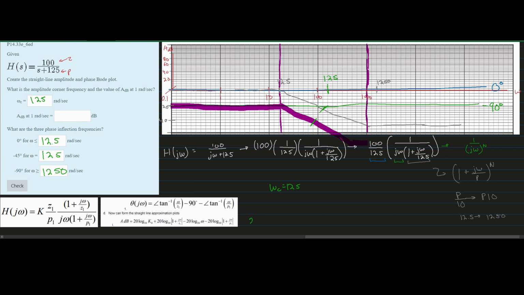So we're going to have a 20 log base 10, and then we're going to have our K naught. Well, we know that our K naught in this problem is 100 divided by 125. So all we got to do is plug this into a calculator. And this is going to give us approximately negative 1.94. So our answer is negative 1.94 dB, and that's how we would solve this problem.